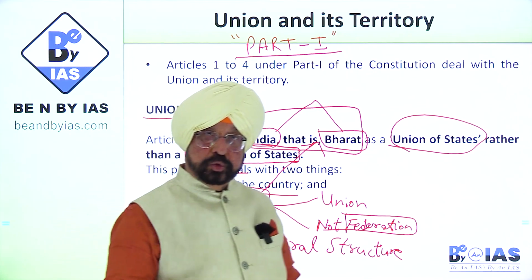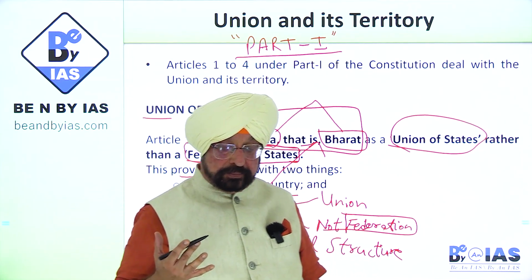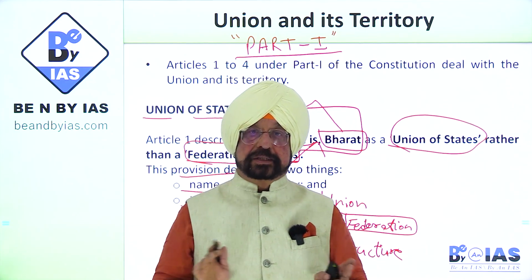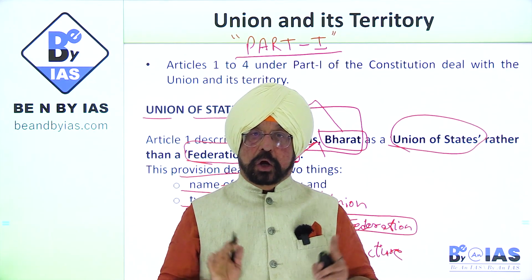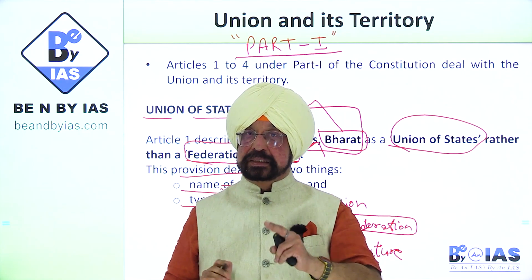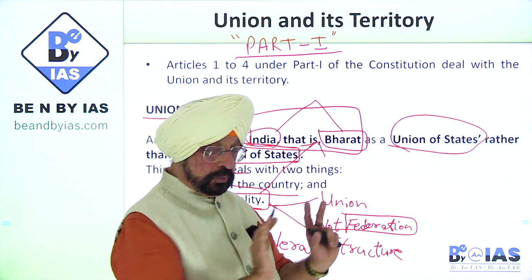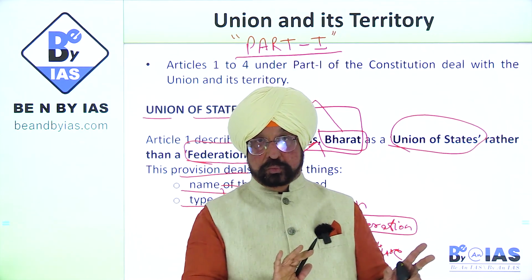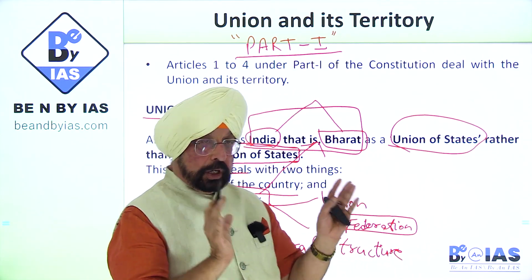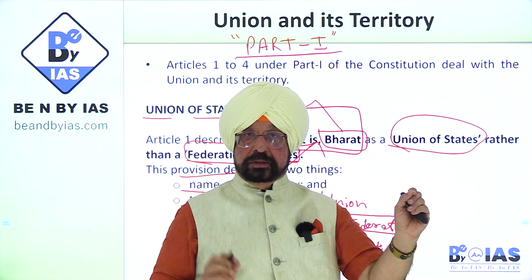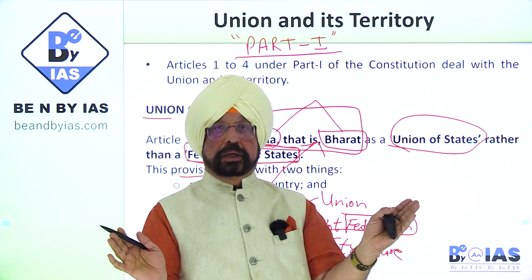So here also, in the case of India, in our country, we have different states. How many? We have 28 states and 8 union territories. I'll explain to you what is the difference between the two. Now, just take them as units. 28 states, 8 union territories.